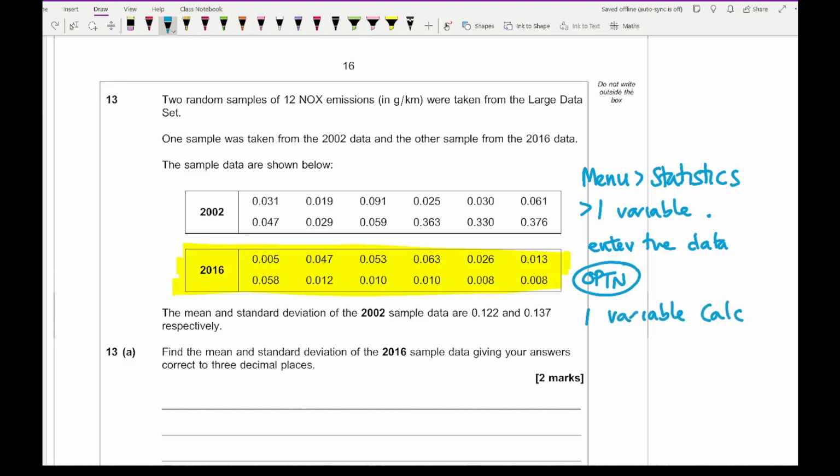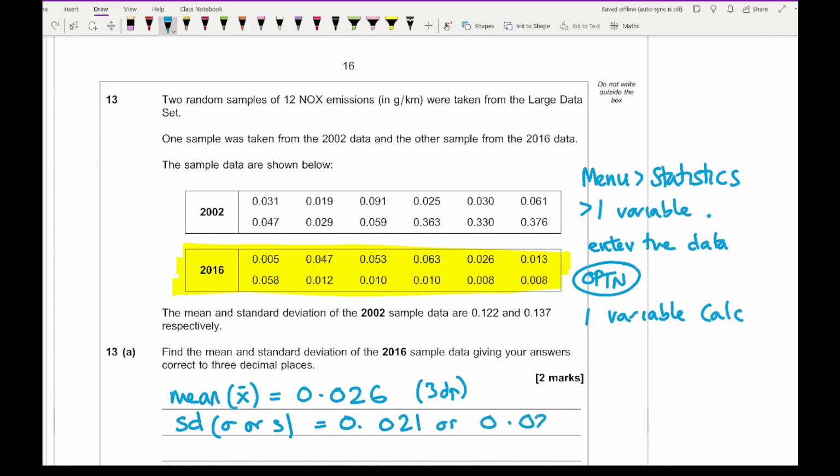You should be able to find that the mean, which is x bar, gives you a value of 0.026, and that's to 3 decimal places. And the standard deviation, you can either use sigma or s, in which you'll have an answer of 0.021 or 0.022. Now in the mark scheme, they have accepted both of those answers, so either of those 2 would be fine.